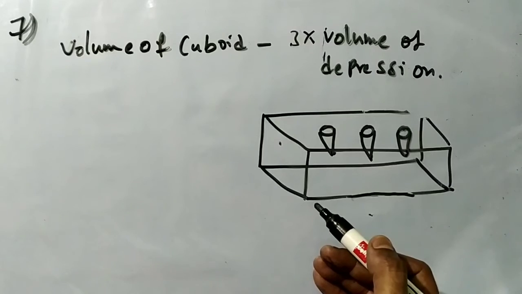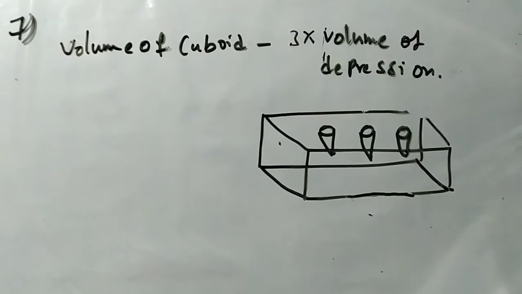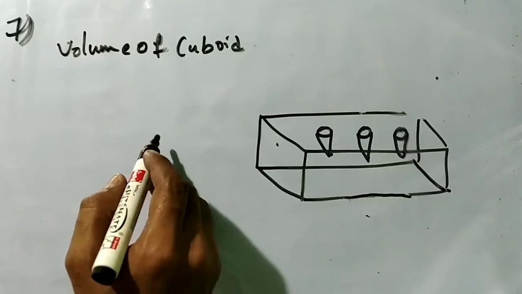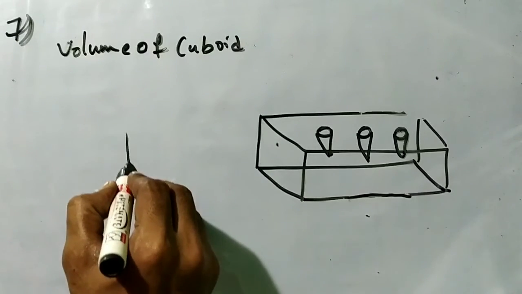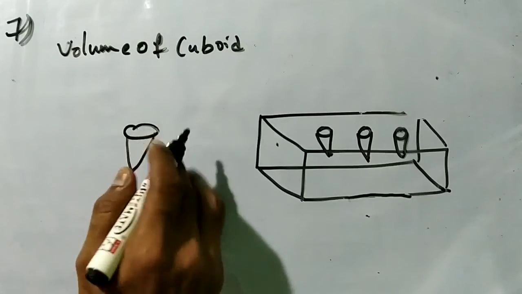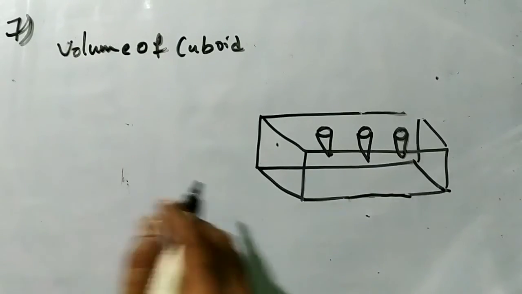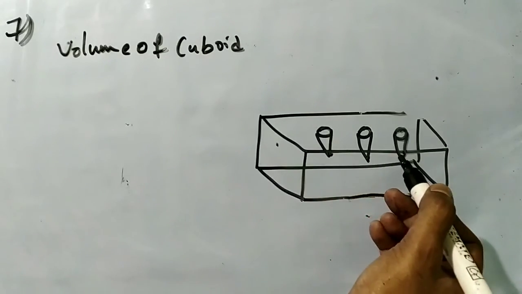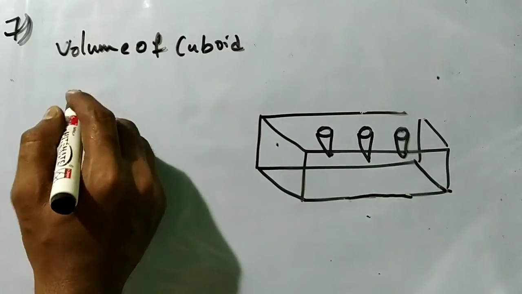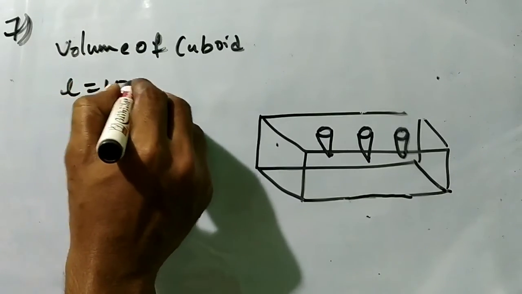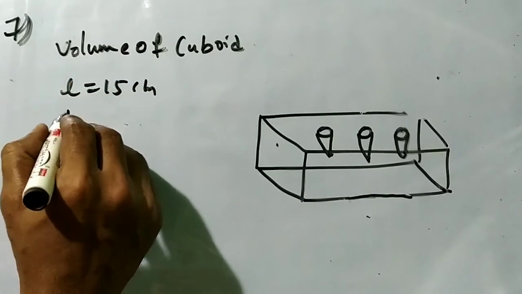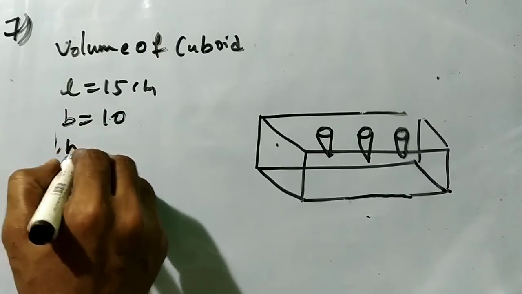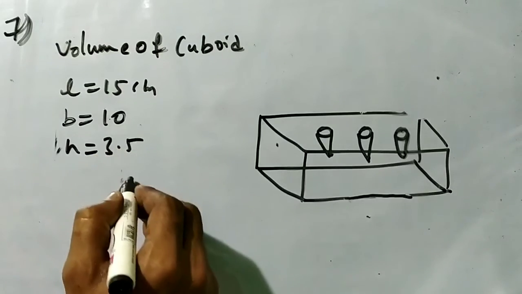So here let's take the volume of the cuboid. If you observe clearly, the pen stand depressions are in the shape of a right circular cone, so we have to find the volume of a cone, into 3. They have given L is equal to 15 centimeters, B is equal to 10 centimeters, and height is equal to 3.5 centimeters.